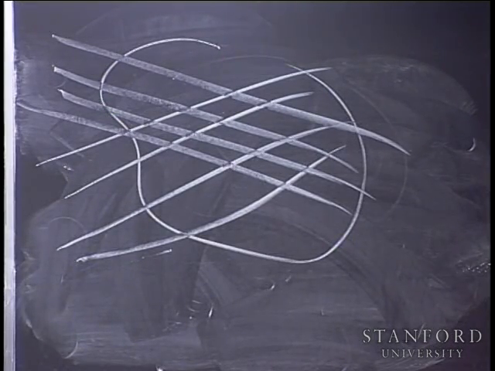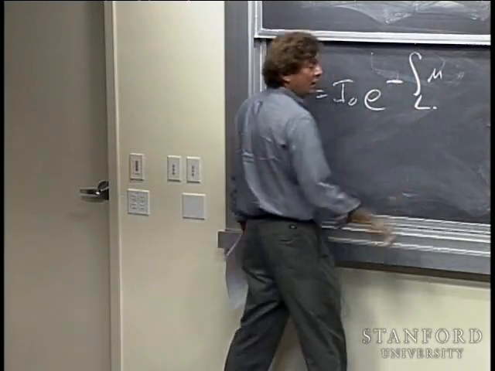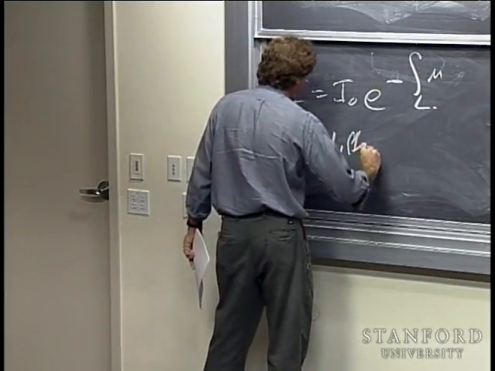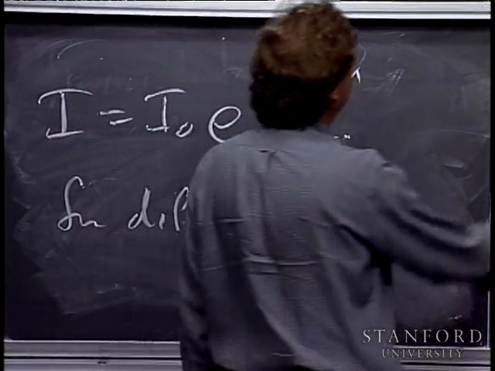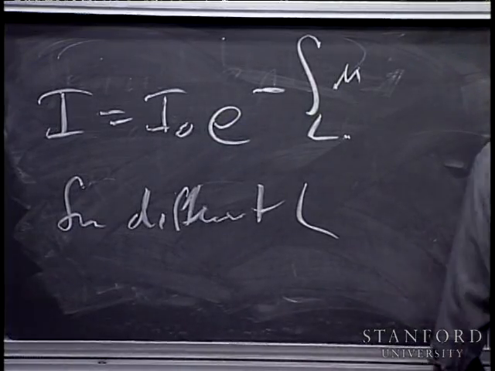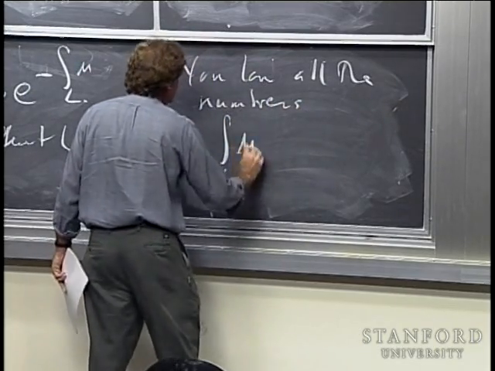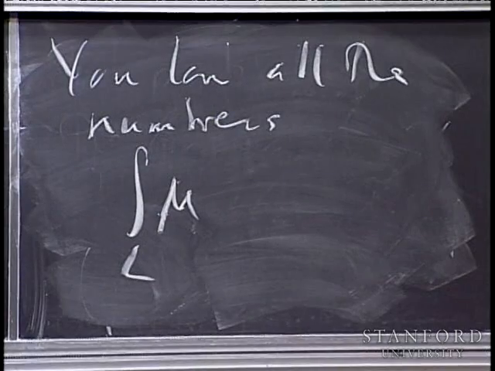Once again, you write this down: I equals I naught e to the minus integral of mu over the line L, for all different L. You know this, you measure this, so then you know all the numbers, the integral over L of mu, along all these different lines, because you make those measurements.